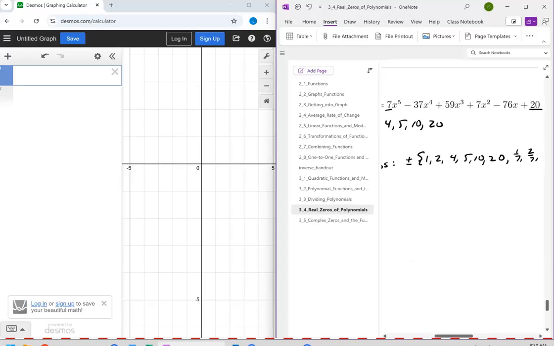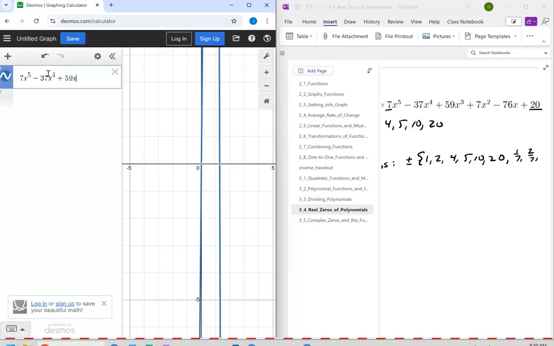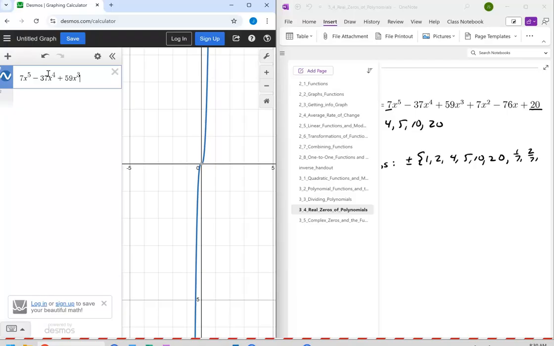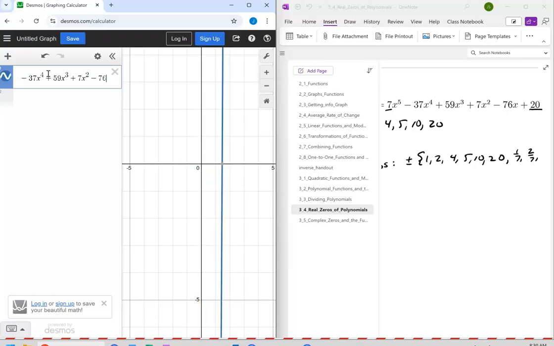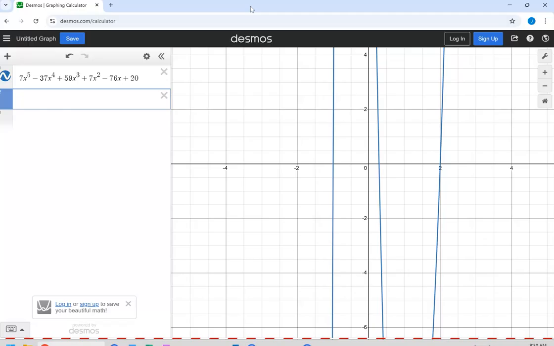We've got 7x to the 5th minus 37x to the fourth plus 59x cubed, plus 7x squared minus 76x plus 20. All right, let me maximize this again so we can see.